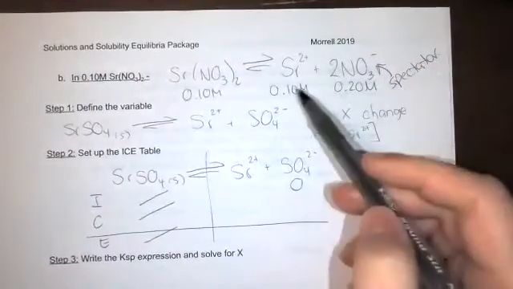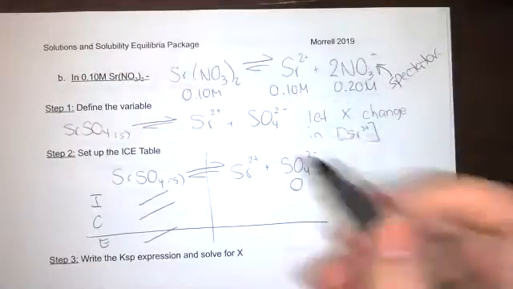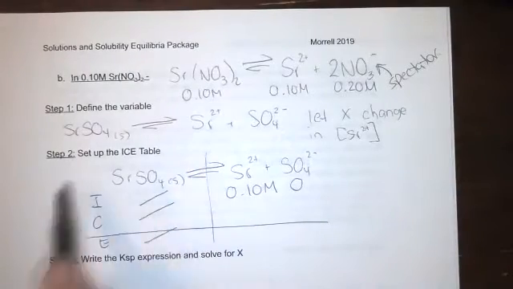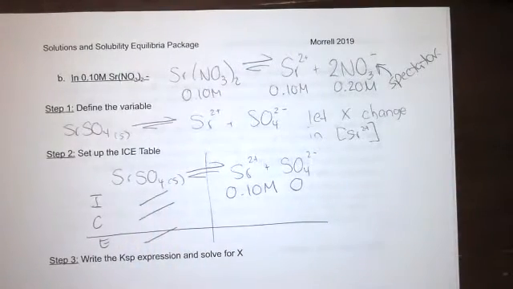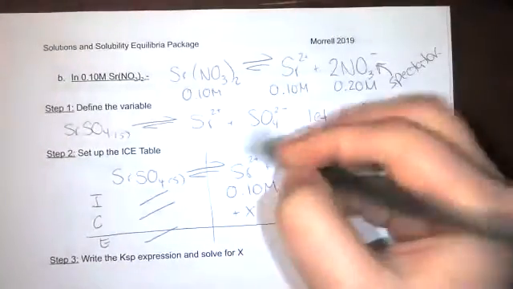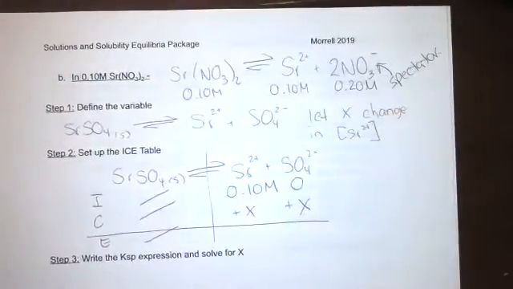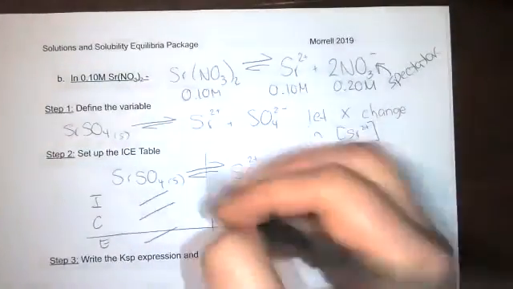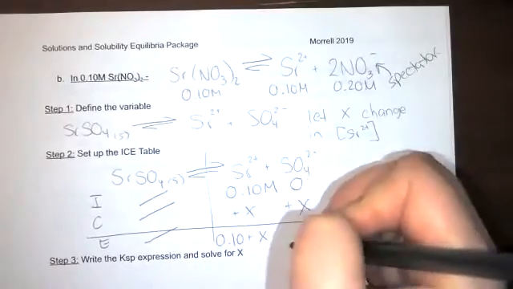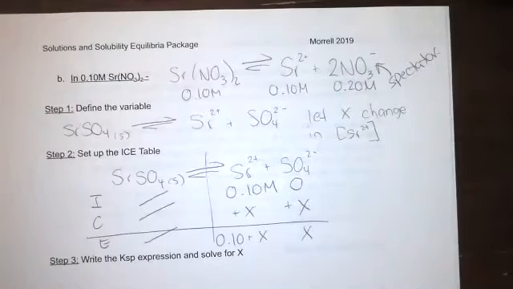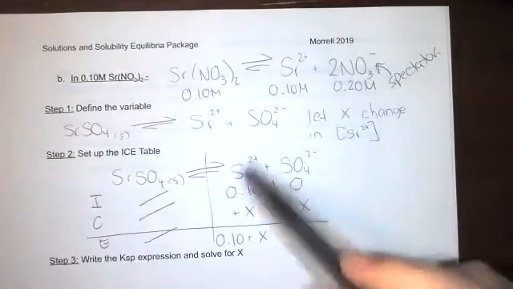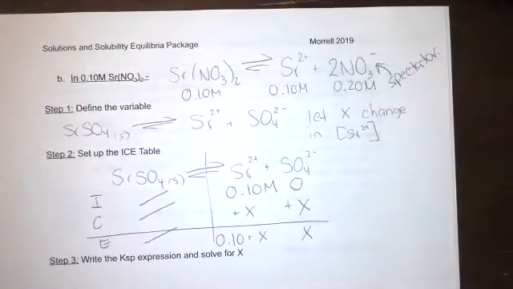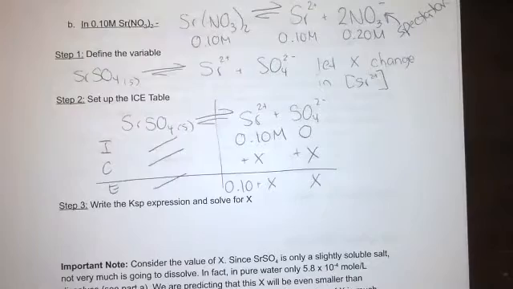I don't need to worry about it, but I do have this 0.1 molar strontium ion already. Now for my change, this is when my strontium sulfate has dissociated. So I've added plus X, this is a 1-to-1 plus X. So now at equilibrium, I have X amount of sulfate, but 0.1 plus X amount of strontium. So I have more strontium in this condition than I had before, which should make sense because I already had strontium ions present.